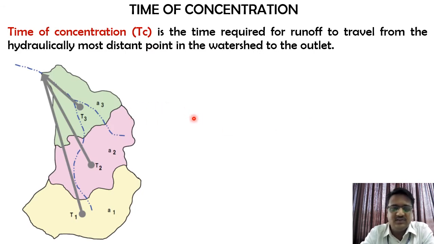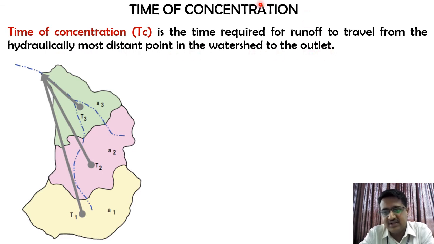Now, this is one of the important concepts for understanding stormwater flow. The same thing will even be discussed in the hydrology and irrigation subject for derivation of hydrographs. First, let us see, time of concentration is the time required for runoff to travel from the hydraulically most distant point in the watershed to the outlet.